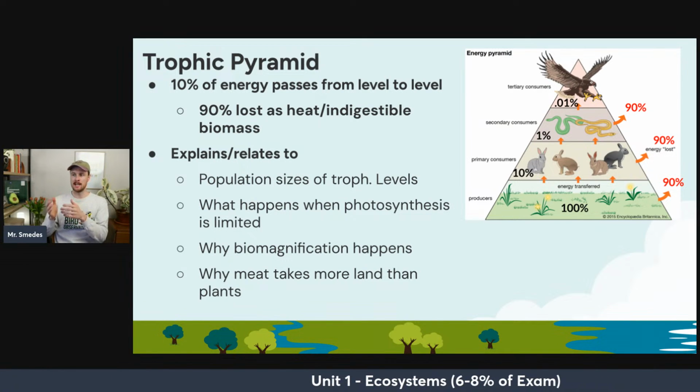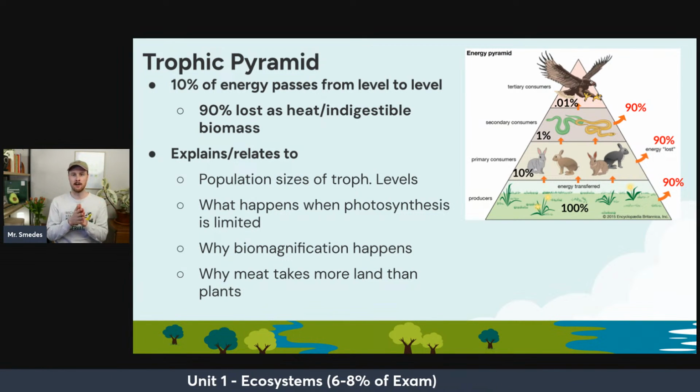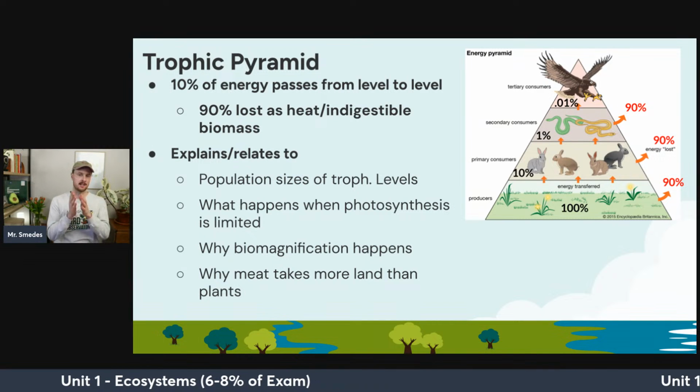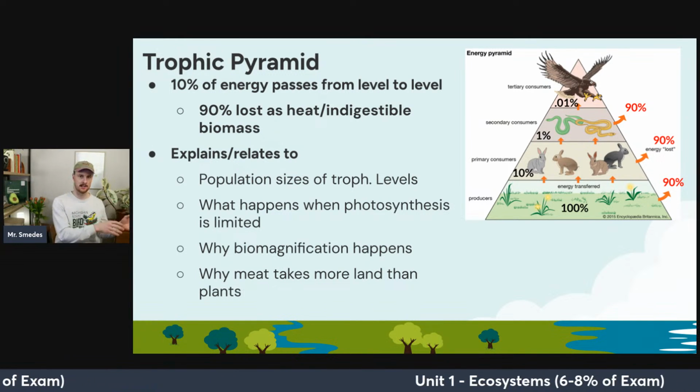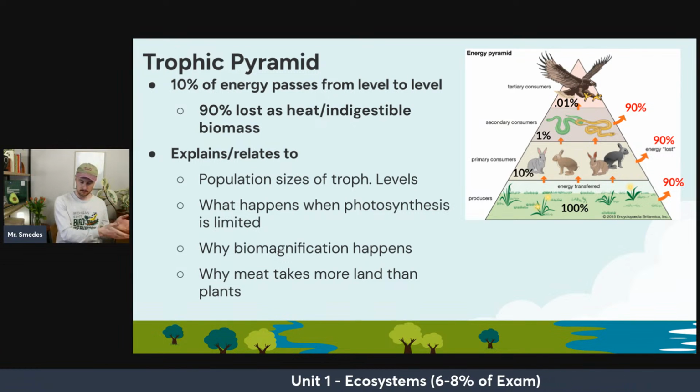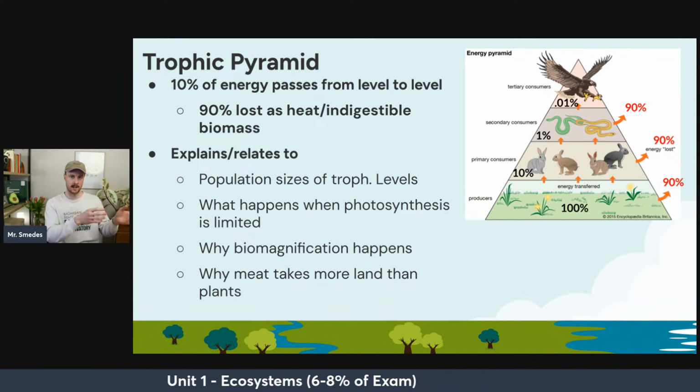So when they eat the snake, they get 1% of the original 100%. When the snake eats the rabbit, the snake gets 10% of that original energy. And when the rabbit eats the biomass at the bottom, they get 10% of that 100%.